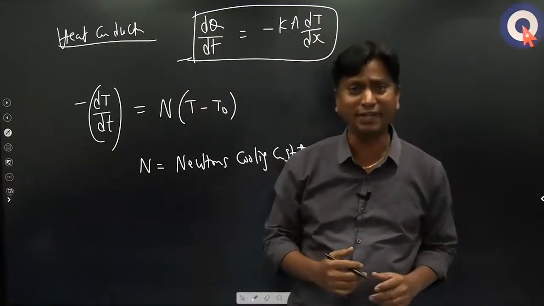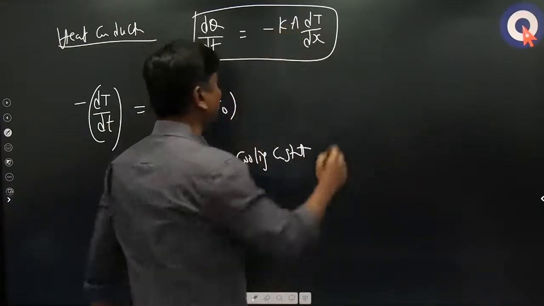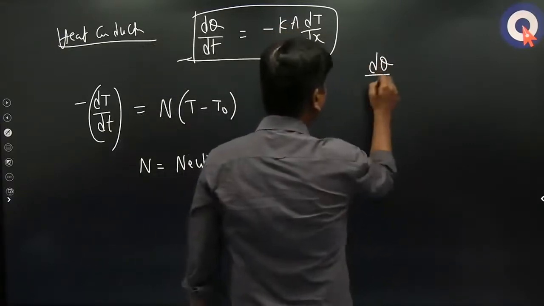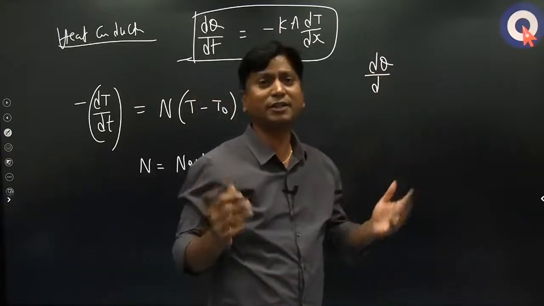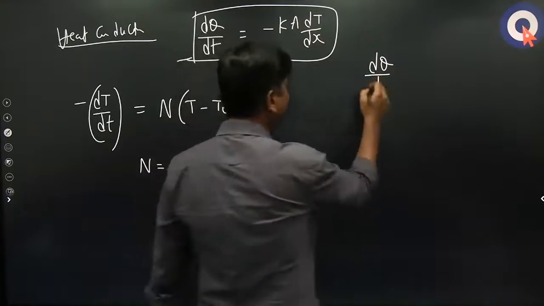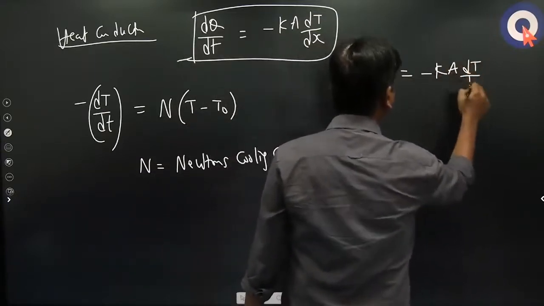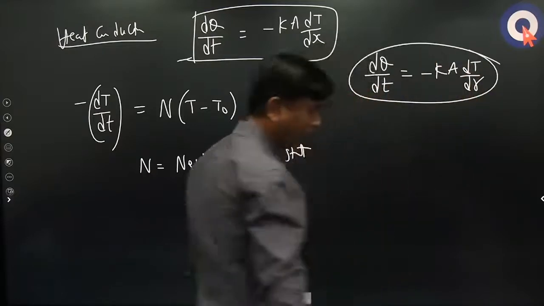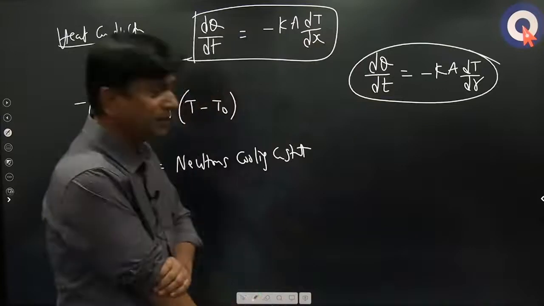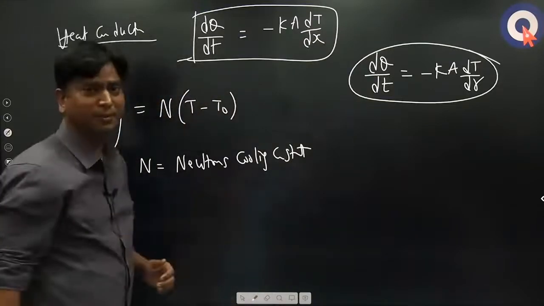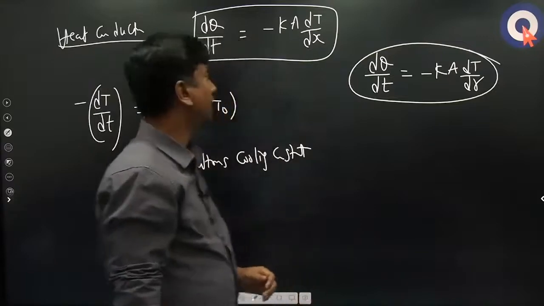When it is linear, you use this, and when it is radial, like in cylindrical or spherical heat conduction, the rate at which heat is transferred is minus KA dT by dr. Clear? Right. Using this, we'll try to solve some questions.